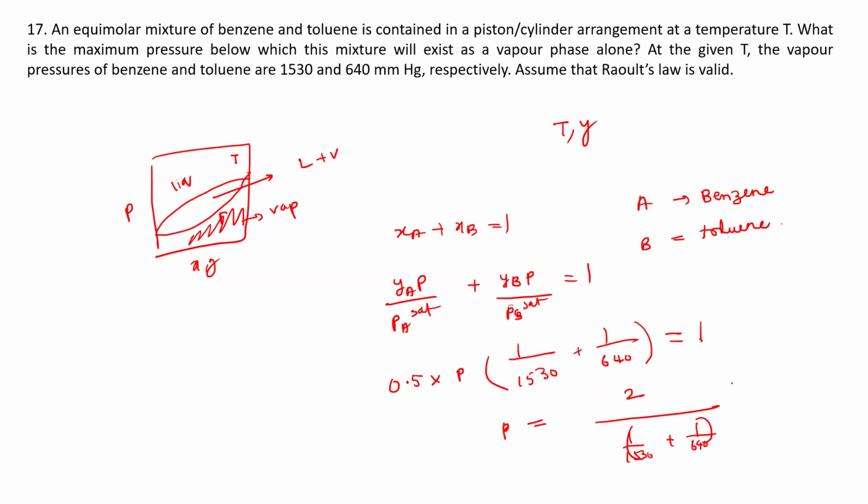On calculating, we find it as 902.4 mmHg. These are all given in mmHg, right? That's it.